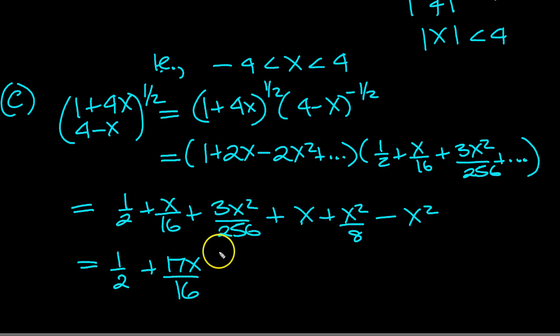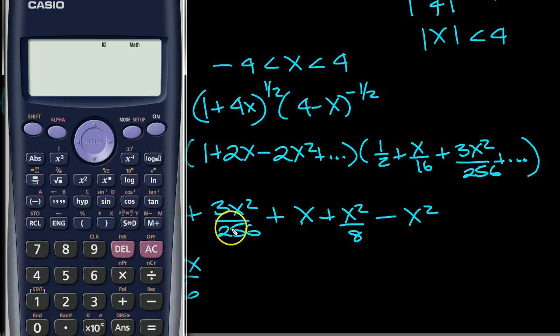Okay, and we can tap that on the calculator if we need to. We've got 3 over 256 plus an eighth minus 1. So let's just do the calculator then. 3 divided by 256 plus 1 divided by 8 minus 1 equals minus 221 over 256.